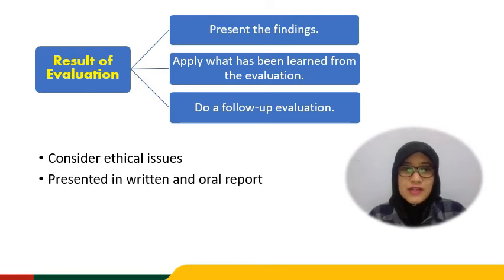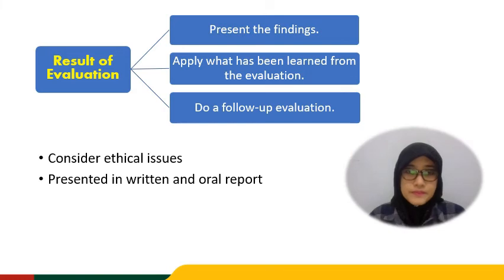Okay, in the report, usually there are two types of reports. The first one is written and the other one is oral. Written reports are usually doubled. There are some backup files because some parties need the written reports, although very specific parties and very specific people need that information. And it can also be done in an oral report. The function of an oral report is to make sure that the written report is understood.